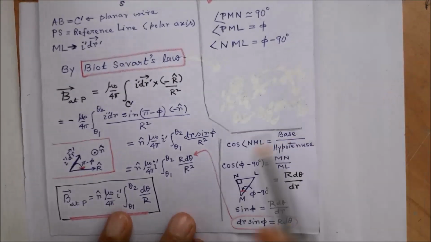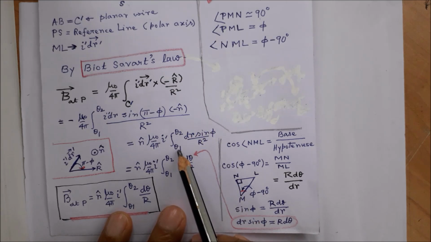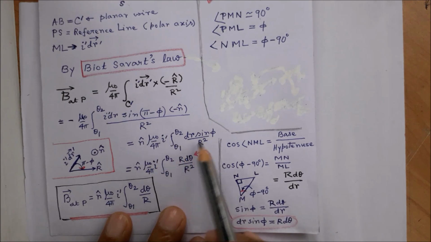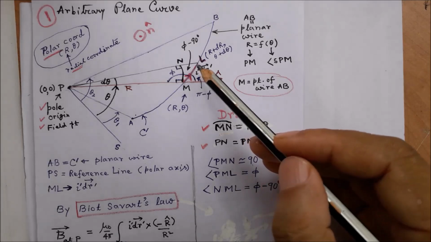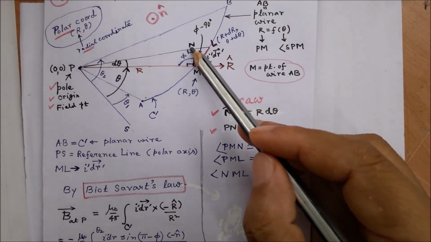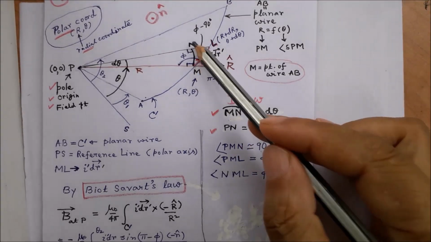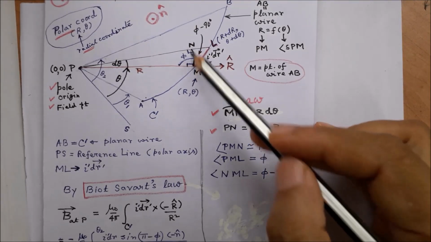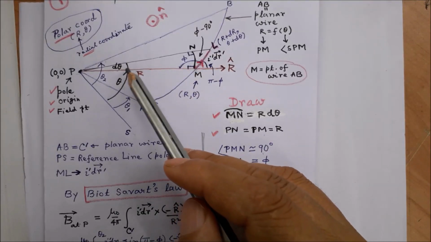Now the final step is to make it even simpler, because we are to integrate from theta 1 to theta 2, so everything should be written in terms of theta, including the limits. Let us now consider this triangle NLM. Now MN is an arc, so it is curved, but the amount of curvature is extremely small because d theta is as good as 0.